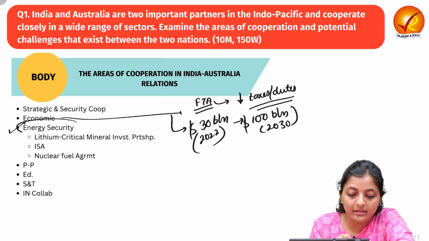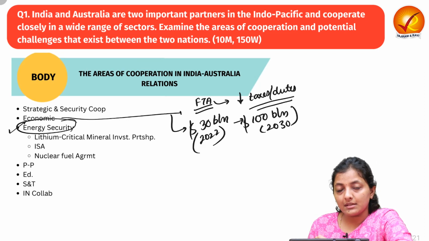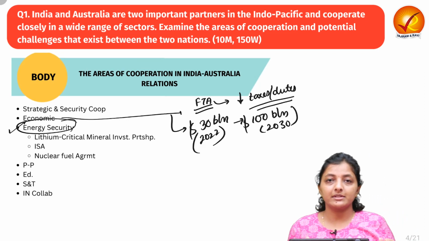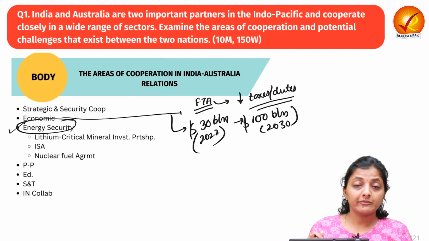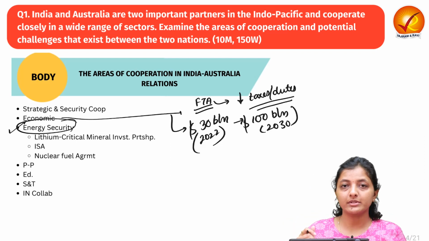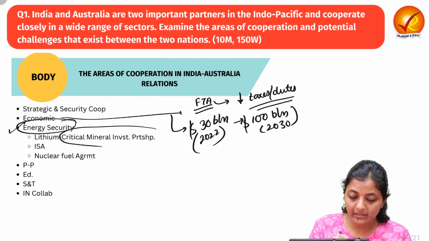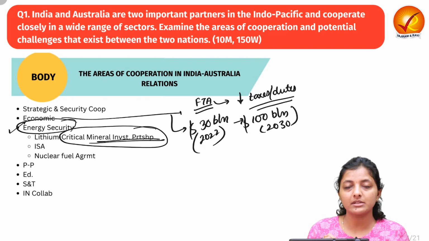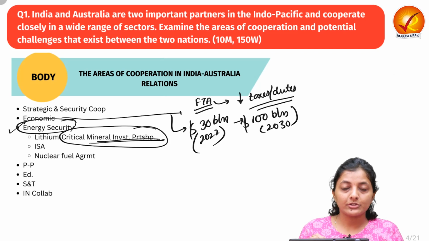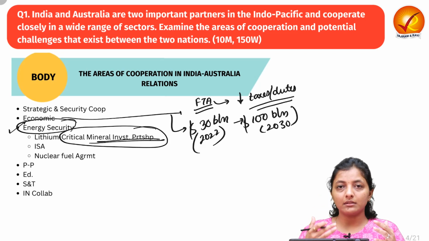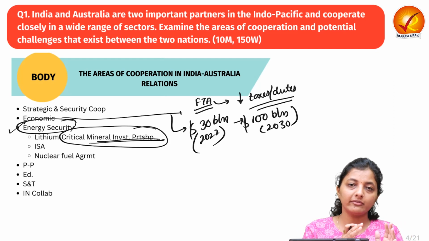Next comes energy security. Australia is the largest lithium producer. 50% of the total lithium produced across the world is in Australia. India has signed a critical mineral investment partnership with Australia, because all the economies across the globe are transitioning from a fossil fuel based economy to renewable sources.